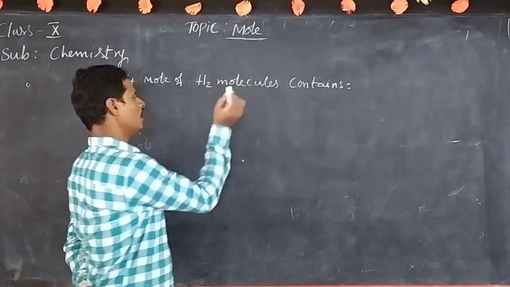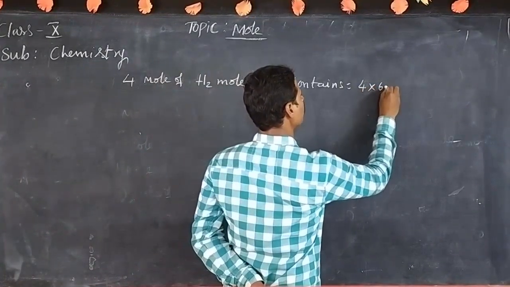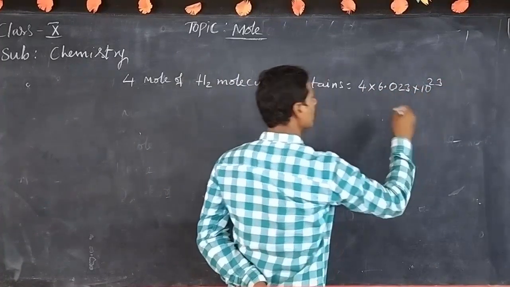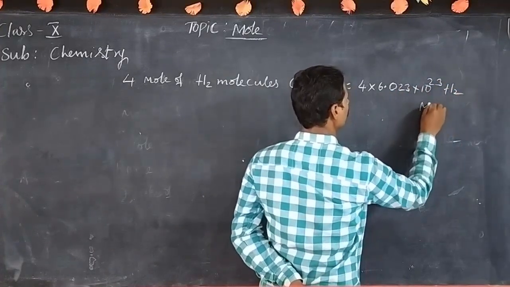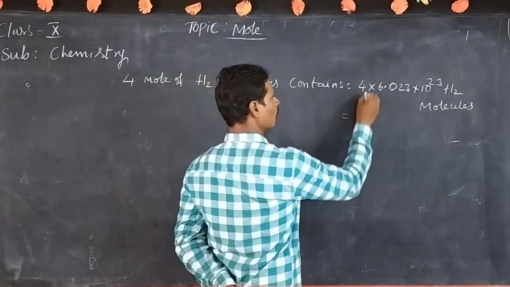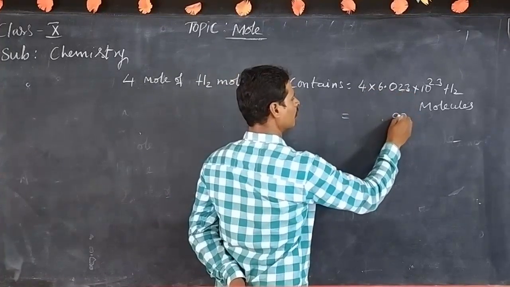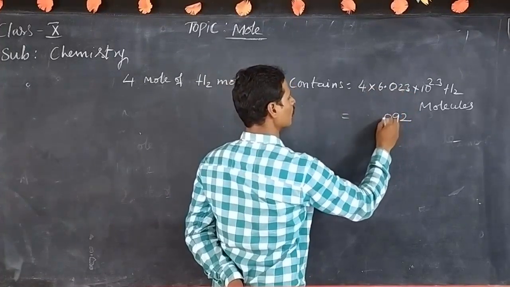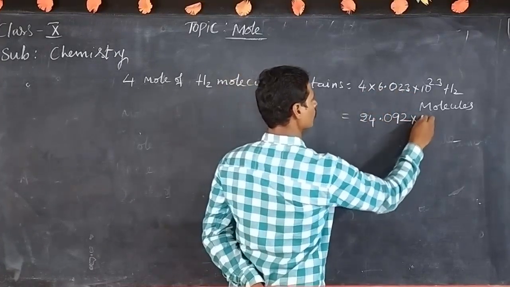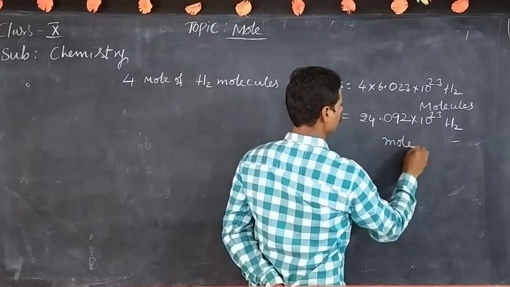So 4 moles equal 4 into 6.023 into 10 to the power 23 H2 molecules. What is the value? 4 threes are 12, 4 twos are 8, 8 plus 1 is 9, 4 into 0 is 0, point, 4 sixes are 24. So 24.092 into 10 to the power 23 H2 molecules.